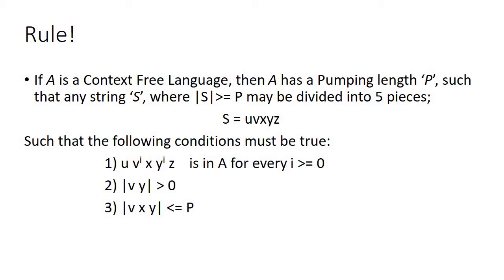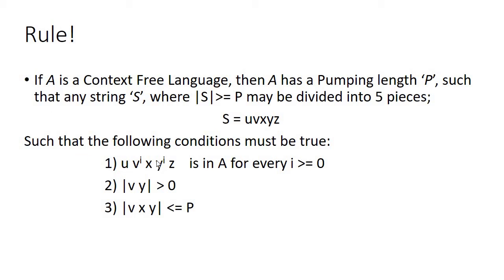So what are the conditions? The first is that these 5 pieces contain 2 iterative units which can be repeated again and again, in a loop fashion. So U is constant, V to the power i helps us pump the string.